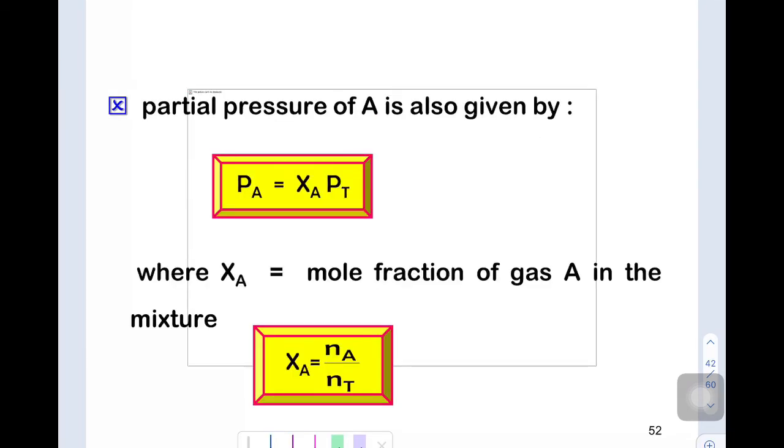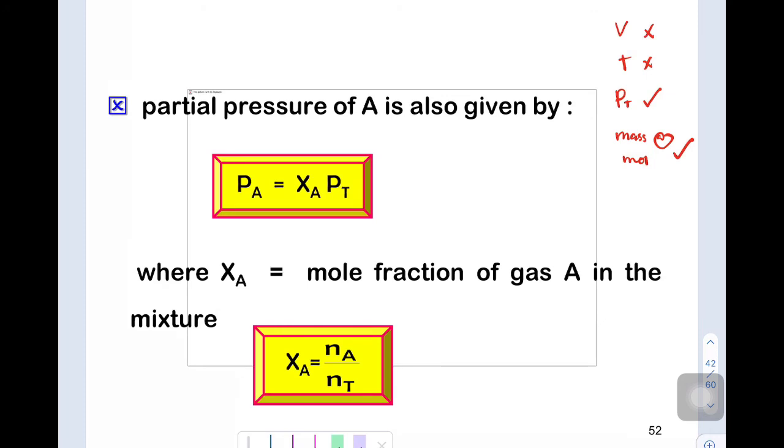Besides using PV equal to nRT, let's say we have no information about V and also no information about the temperature, but the only information that we have in the question is the total pressure and also the amount, either in mass or mole.